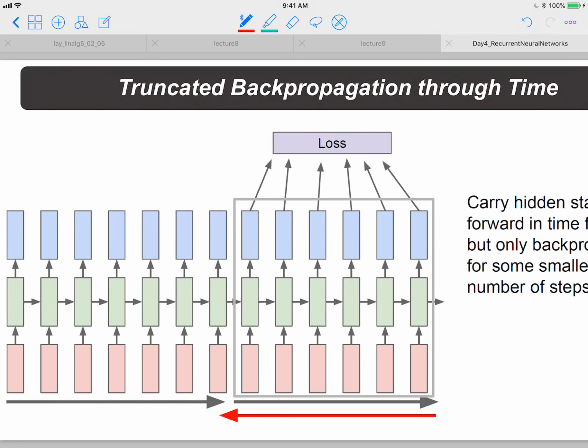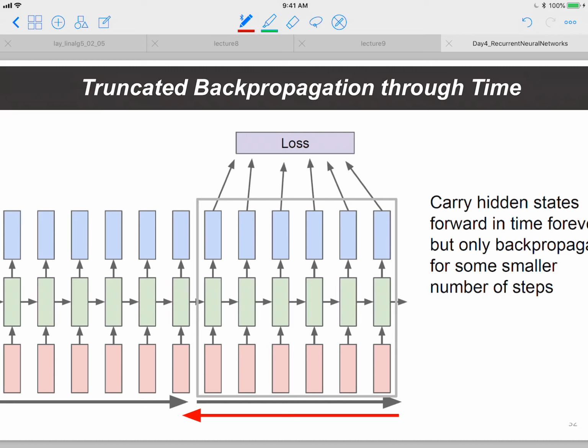Backpropagation through time doesn't mean any special kind of stuff, right? But people often use this term, and the acronym for this is BPTT, right?